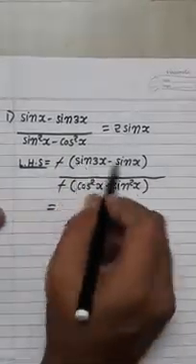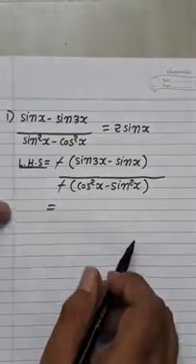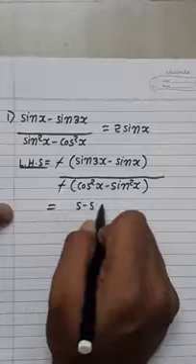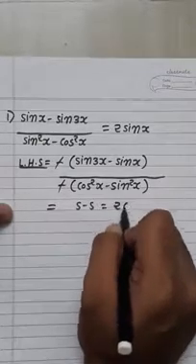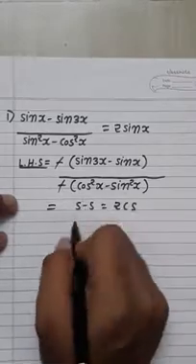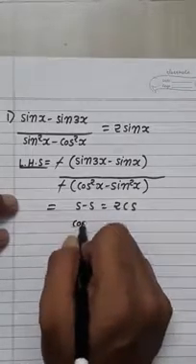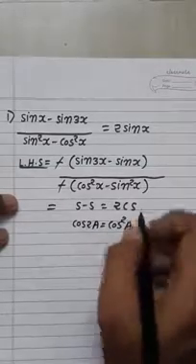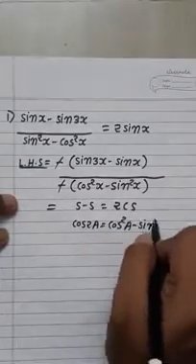So in the numerator here apply the identity sin C minus sin D. So sin C minus sin D is equal to 2 cos of (C plus D) by 2 into sin of (C minus D) by 2, and in the denominator we use the identity cos 2a is equal to cos square a minus sin square a.